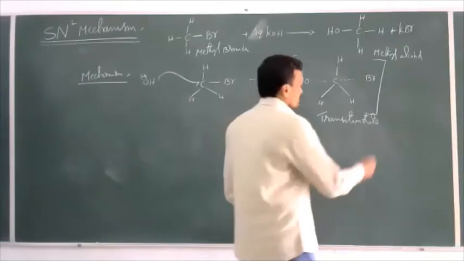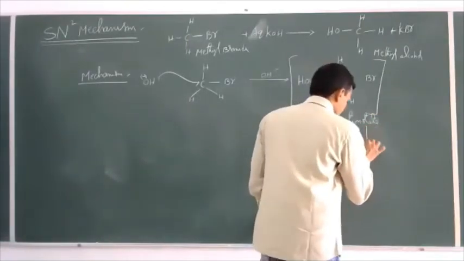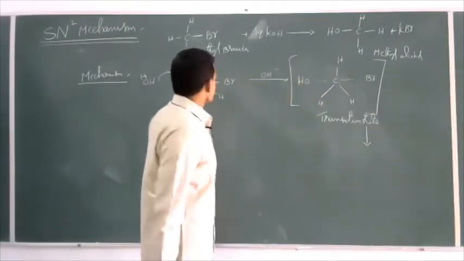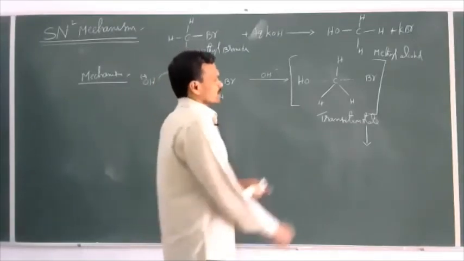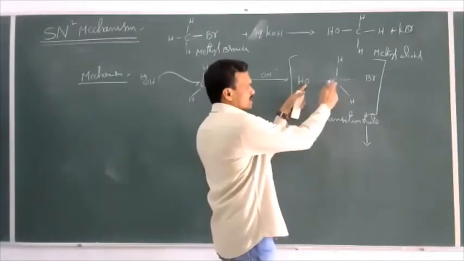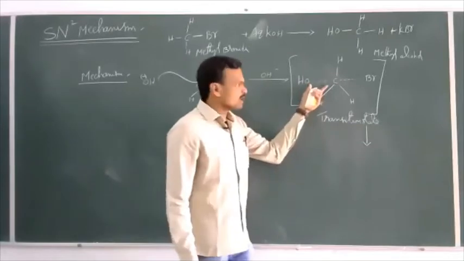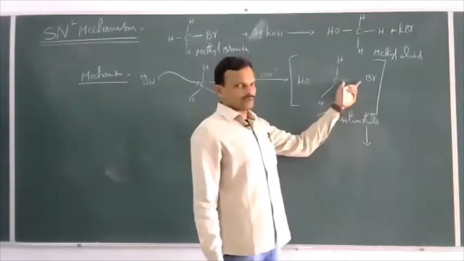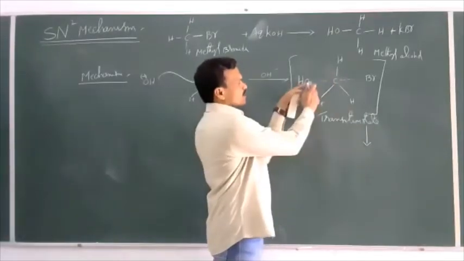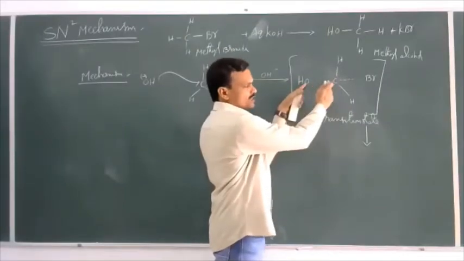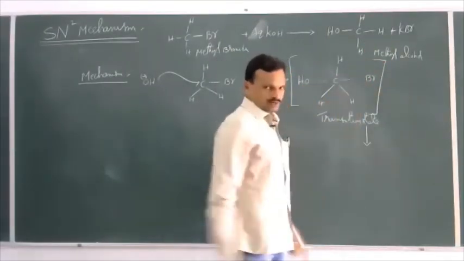Now, with time, slowly the bond between oxygen and carbon becomes strong, and the bond between carbon and bromine becomes weak. Whenever a strong bond is formed between carbon and oxygen, this Br minus will separate.